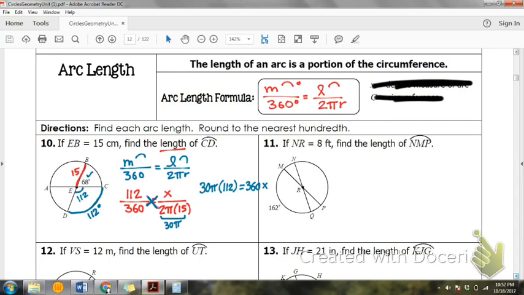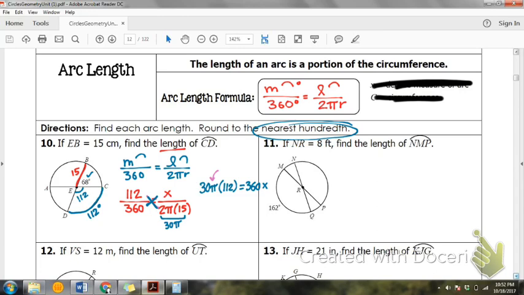Now they say to round to the nearest hundredth in the directions, which means that we need to use the pi button in our calculator to multiply. So in our calculator we're going to do 30 times the pi button times 112. I'm getting 10,555. That's a big number, right?